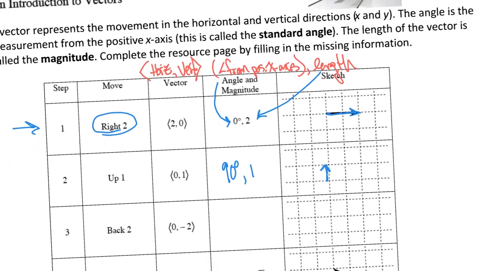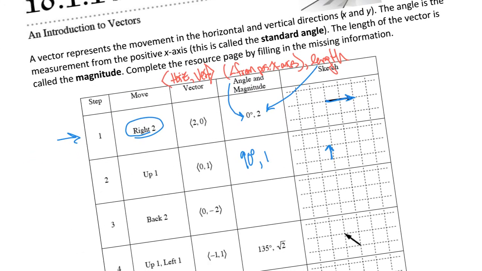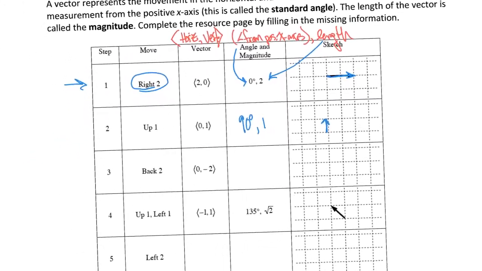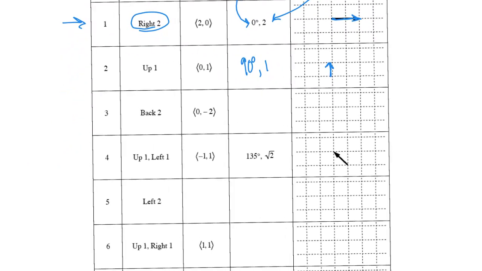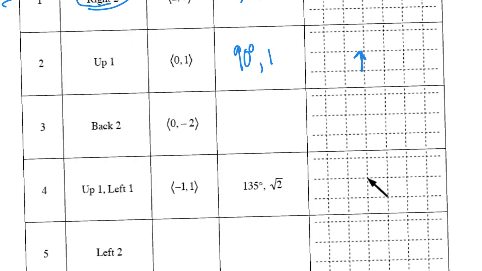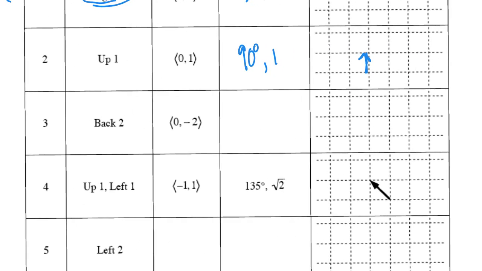All right, let's take a look at the next one. So the next one says back 2 units. Back 2 units just means that I'm going to go left. Sorry, technical difficulties. My paper doesn't want to move correctly. Let's take a look.